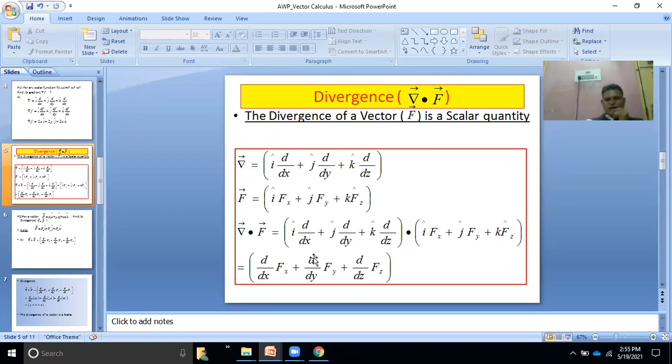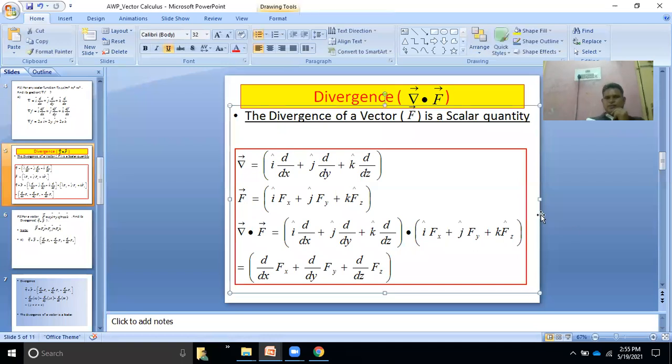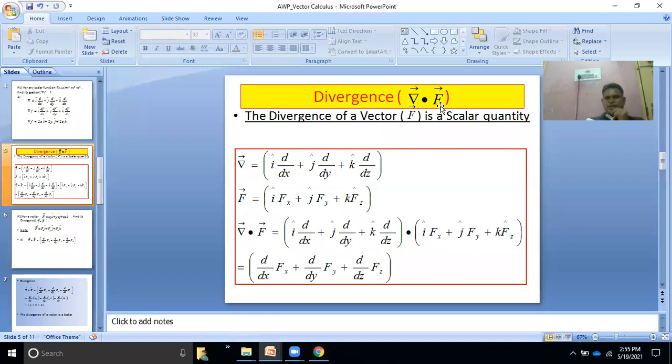You can write this as d by dx of f x plus d by dy of f y plus d by dz of f z. This is the equation for divergence. Here you can see that the divergence of any vector is a scalar quantity.